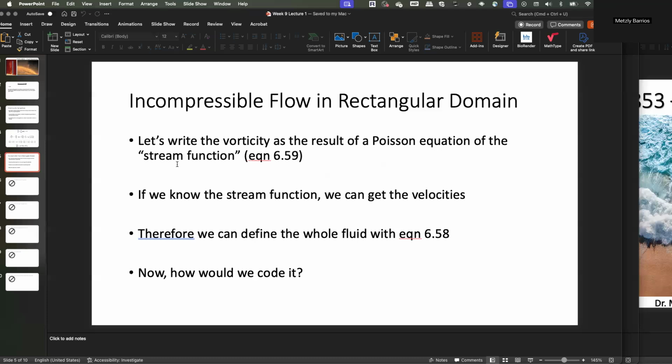This is the stream function, right? So I think we wrote this on the board. We wrote this as the Poisson equation: del squared del x squared of this thing psi plus del squared del y squared of that thing psi equals minus omega, right? You remember that from Monday?